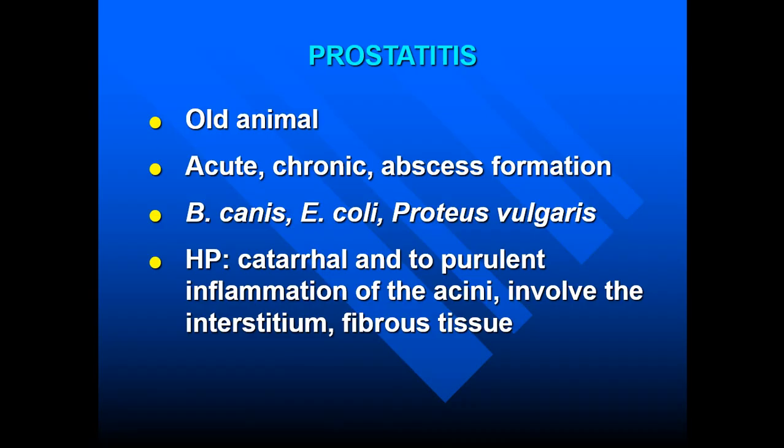Next is the inflammation of the prostate. Inflammation of the prostate is prostatitis. Prostatitis is also commonly found in aged animals. It can be acute or chronic, and an abscess can also be formed depending on the cause of the infection.